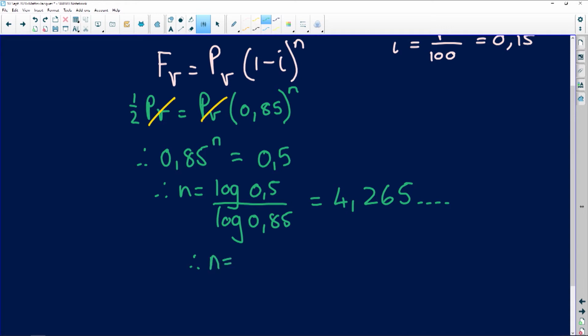So this n is 4 years, and the 0.265 is about three and something months into the year. It will have lost 50% of its value. Because we only compound once a year, it will lose that value over a period of 5 years. Don't round down to 4. That's the key thing here.